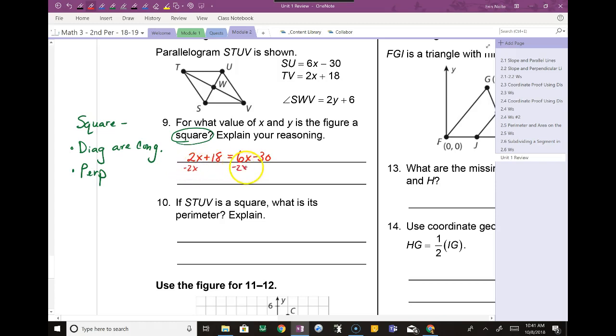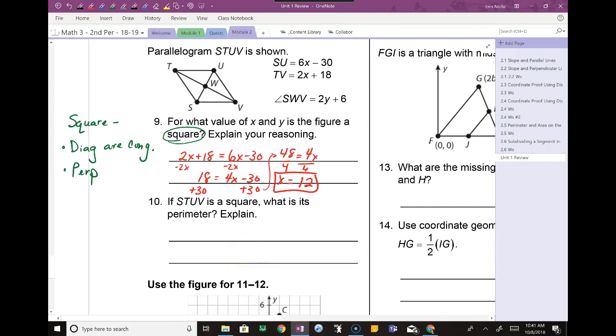I like to keep positive amounts of x's, so I'm going to subtract my 2 x's. Then I'm going to add my 30 over. So 30 plus 18 is 48. And if you divide that by 4, you get an x value of 12.